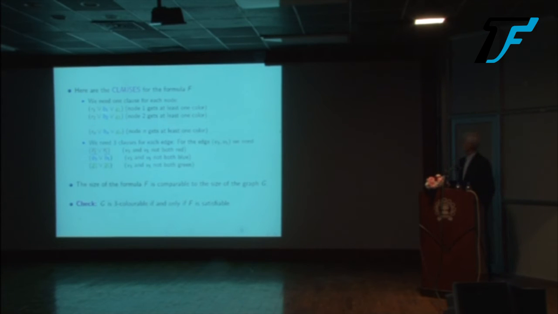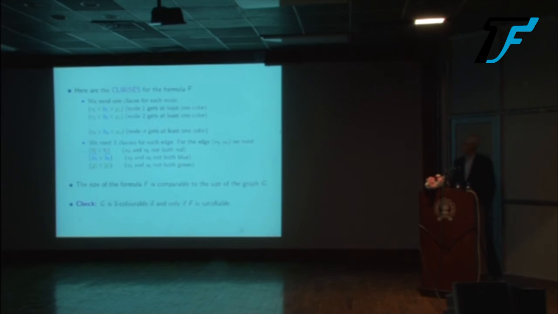And so here are the clauses. For node 1, we put R1 or B1 or G1. That means node 1 at least has to be colored by one of the colors: red, blue, or green. We do that for every node, so we get n clauses, one for each node. Any assignment satisfying these will assign at least one color to every node.